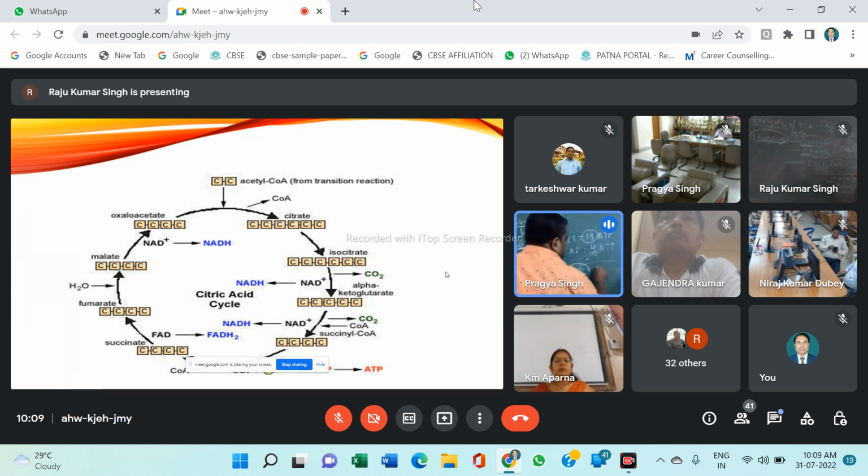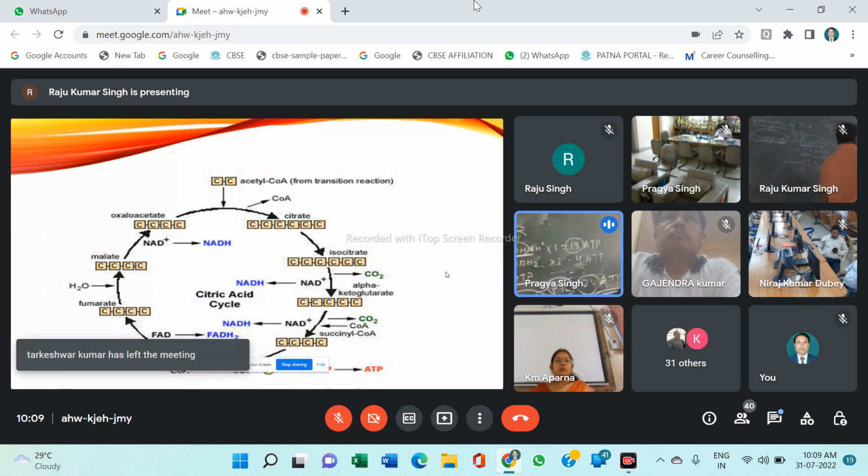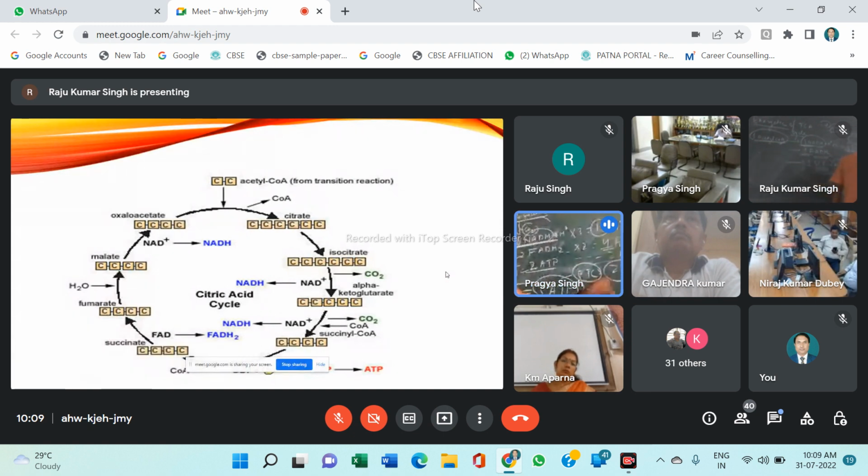So ultimately, there will be 24 ATP being formed, 2 ATP through substrate level phosphorylation. So altogether, if we see the energetics, the energy potential of the Krebs cycle is 24 ATP.